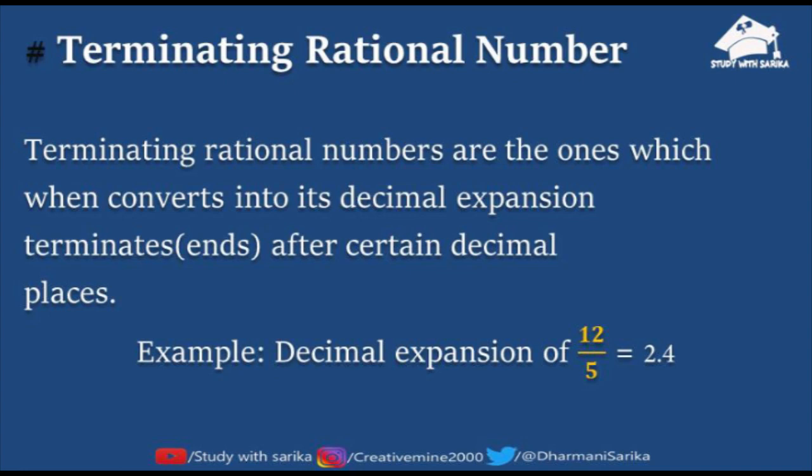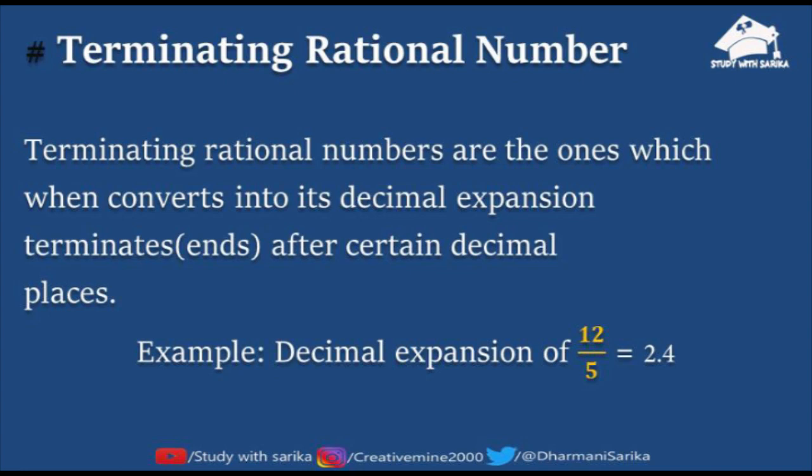The decimal expansion of this rational number, you can see, is 2.4. This expansion stops after one decimal place, meaning after the decimal point, it stops at 4. So we can say it terminates. It stops somewhere, it is not going on and on. This kind of rational number is called a terminating rational number.